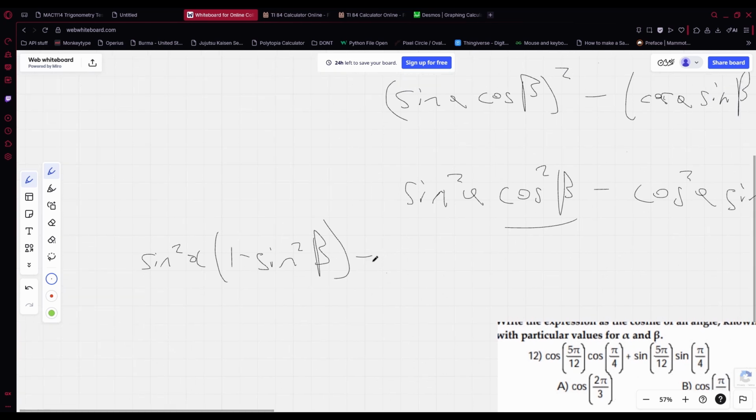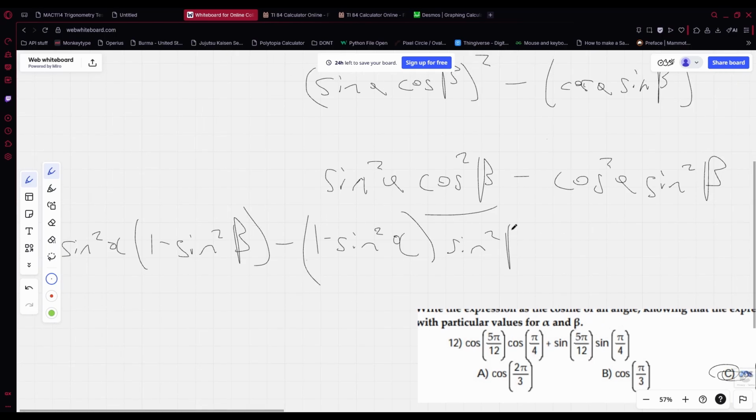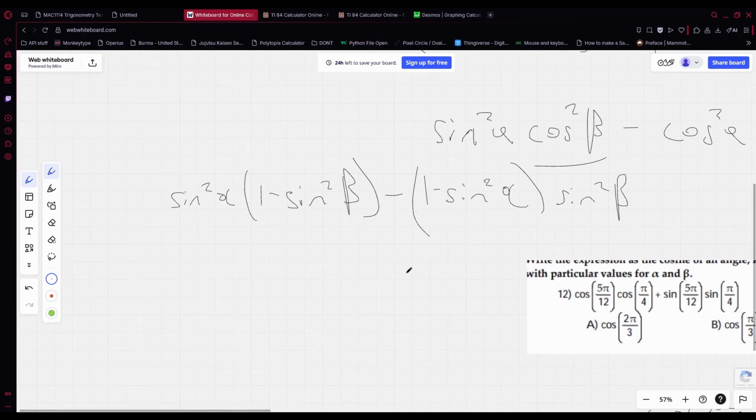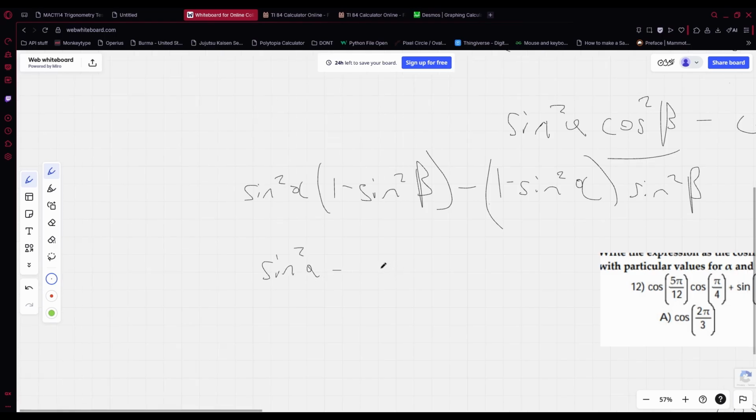We've done this before. And then we do the same thing over here. So we say 1 minus sine squared beta, or sorry, alpha, because that's this one, parenthesis times sine squared beta. And so if we multiply this out, we get sine squared alpha minus sine squared alpha sine squared beta.